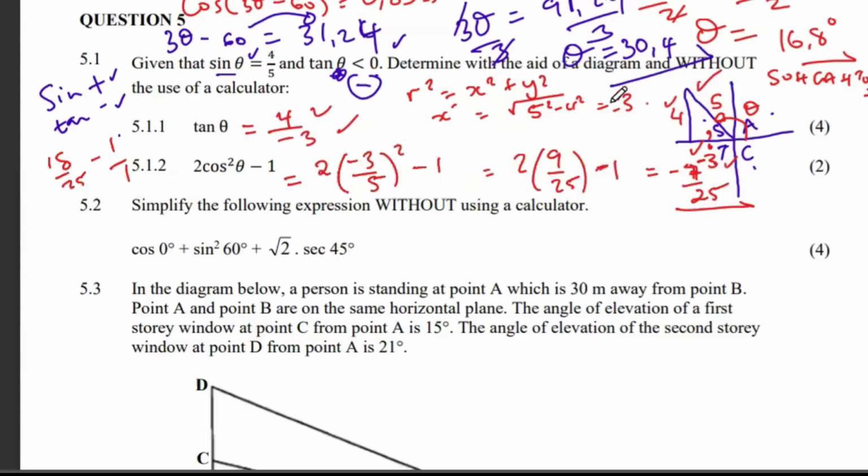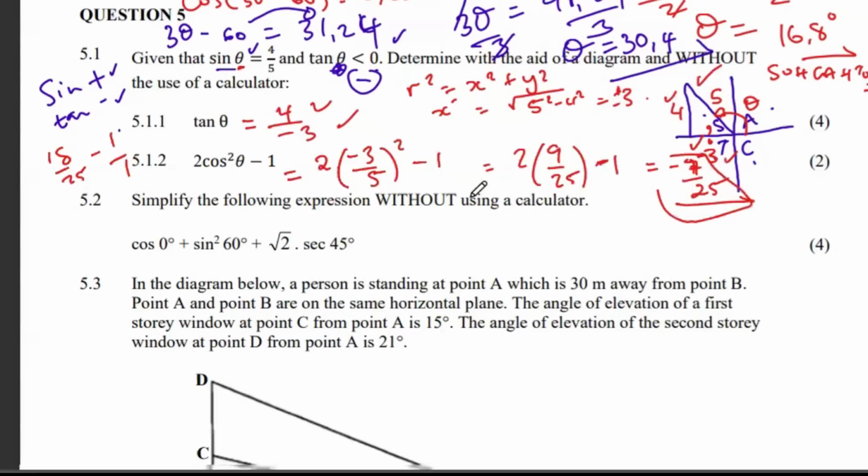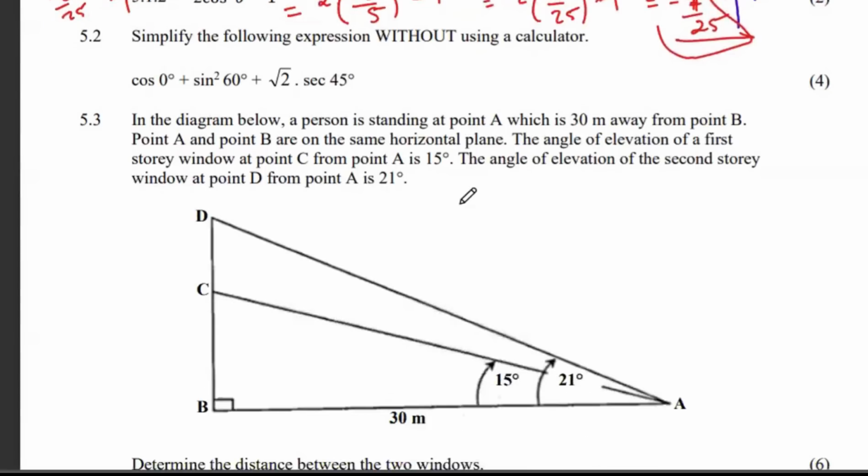What I mean by without using a calculator is we don't want you to find the value of theta. But after doing the substitutions like this, you can use a calculator to simplify your final answer. There's no problem there. All right, then 5.2, which is the special angles.